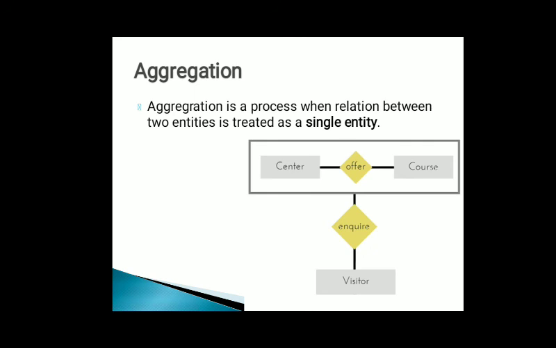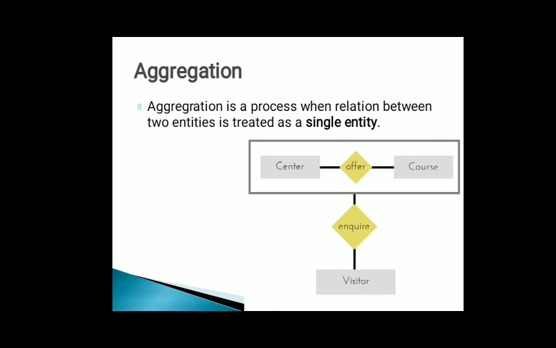But center and course are connected with each other using the relationship offer, and these two entities are considered as a single entity and have a relationship inquire with the visitor entity, right? In the diagram, the relationship between center and course together is acting as an entity, which has a relationship with another entity, visitor, right? Shown in the diagram.